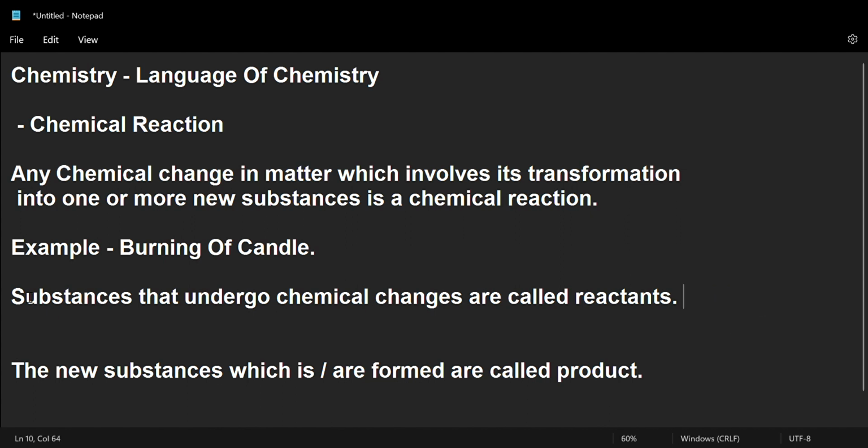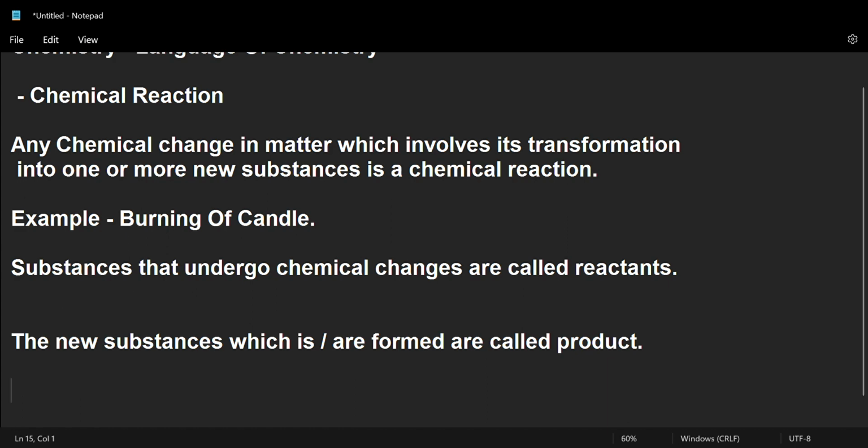So both of these are pure substances, which we can also say are elements and compounds.